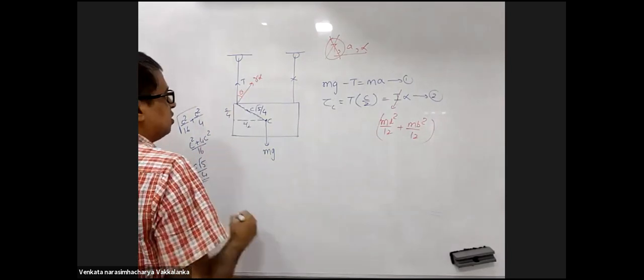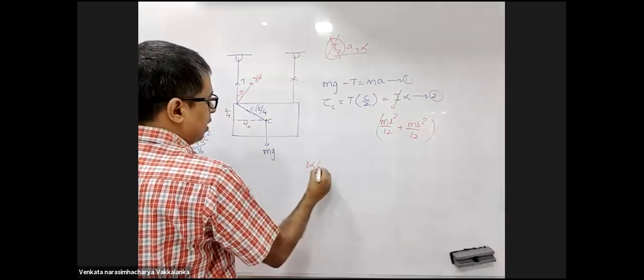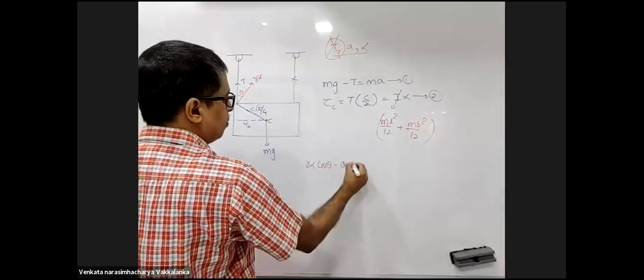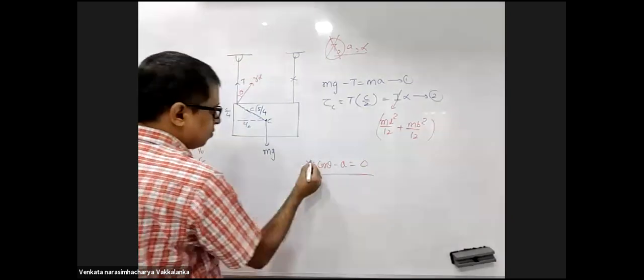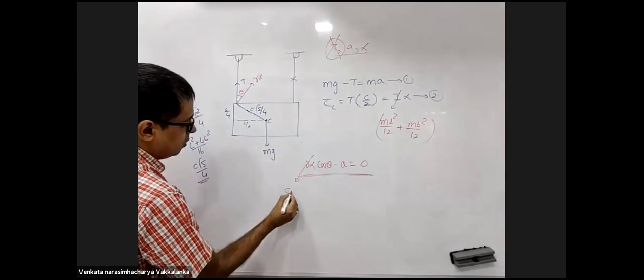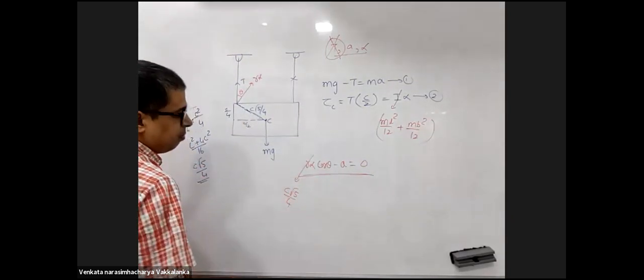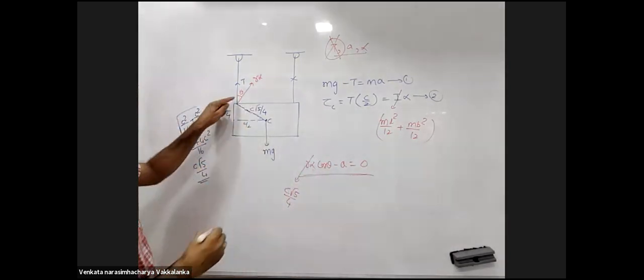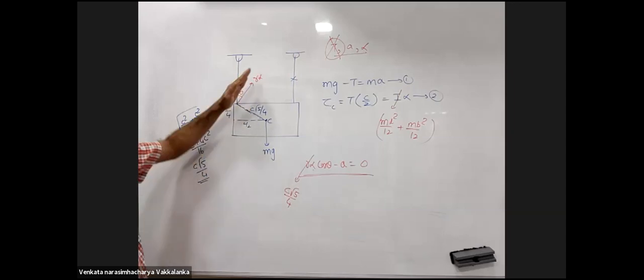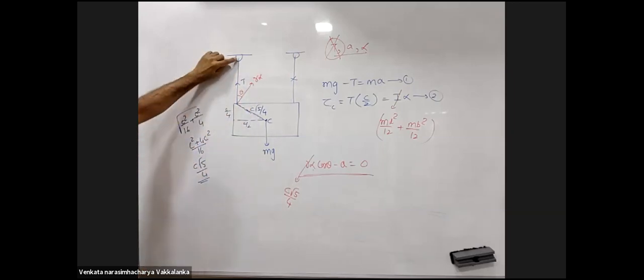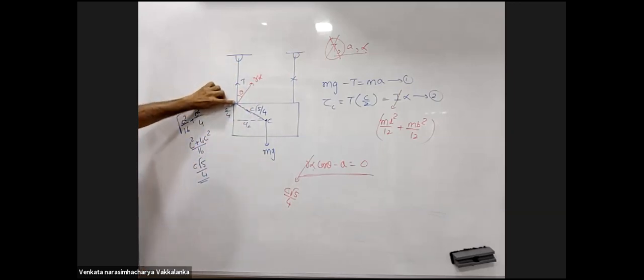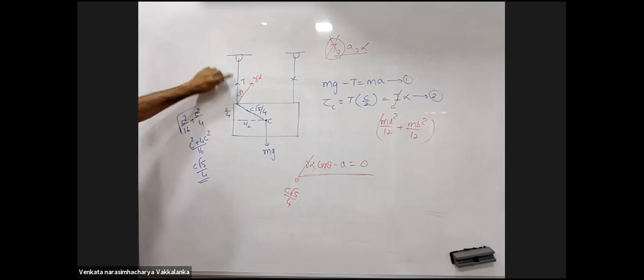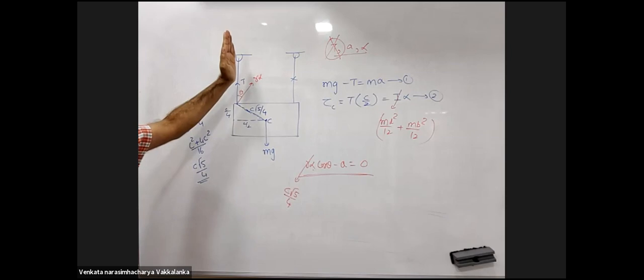If I know this theta value, R alpha cos theta minus A should be 0. R is C root 5 by 4. Alpha cos theta. Theta is not difficult for you people. Why did you resolve in the vertically upward direction? Constraint relation for the string. Acceleration of this point should be the same along the length of the string.